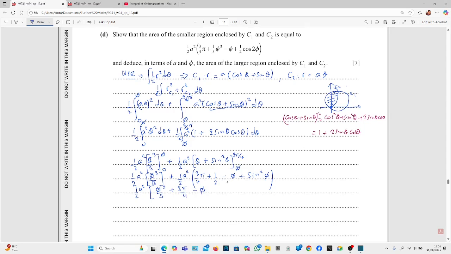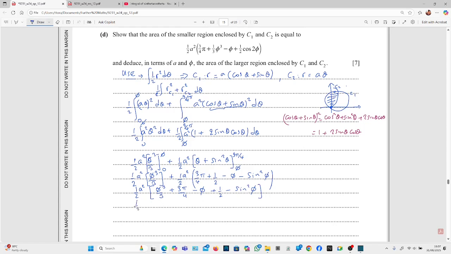And so what we have is the upper limit, that should have been minus the lower limit, so that is phi minus sine squared phi. Now, we also have the plus half over here, which then becomes plus half minus sine squared phi.